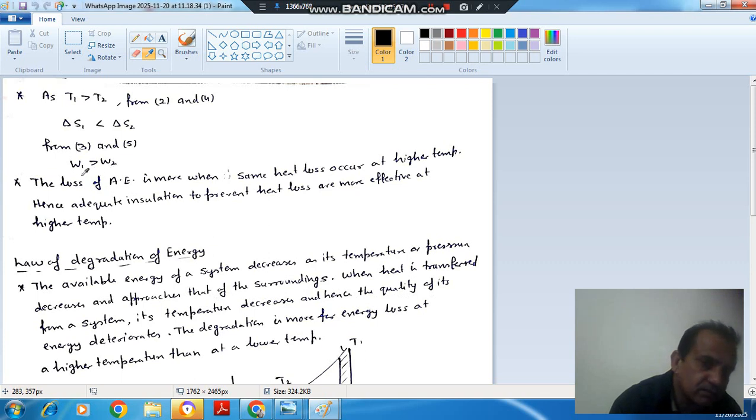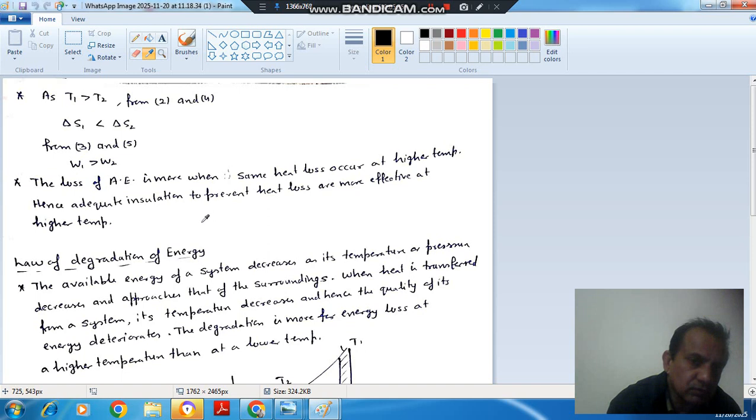So we have to prevent this. For this we have to provide more insulation at higher temperature, or think about preventing loss at higher temperatures as compared to lower temperatures.